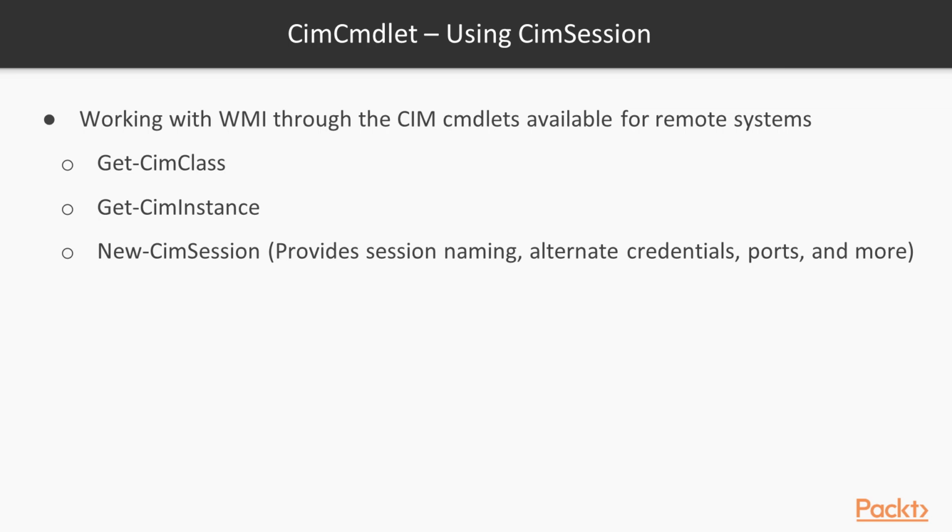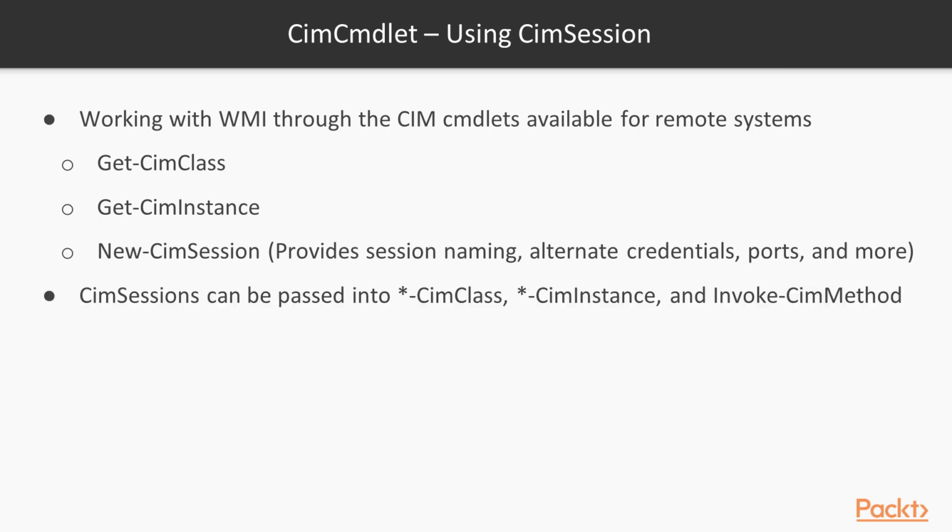You could provide alternate credentials for working with different domains, different ports if you needed to configure different ports for accessing those, and many more session configurations. Once you have created a CIM session, that is typically stored into a variable, and then that variable can be passed into the CIM class or CIM instance or Invoke-CimMethod as a parameter. Instead of -ComputerName, you would use -CimSession.